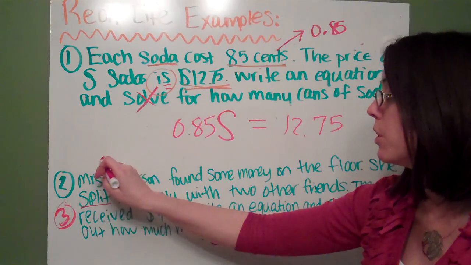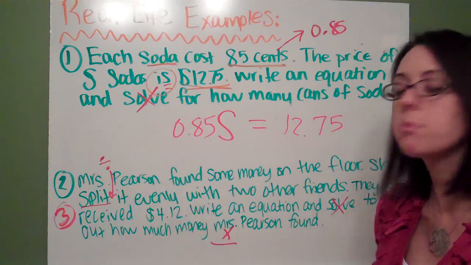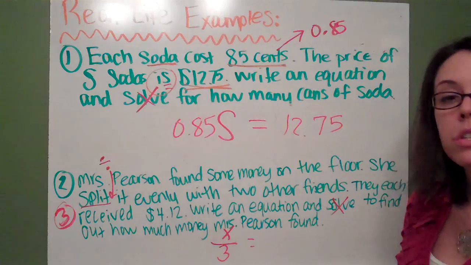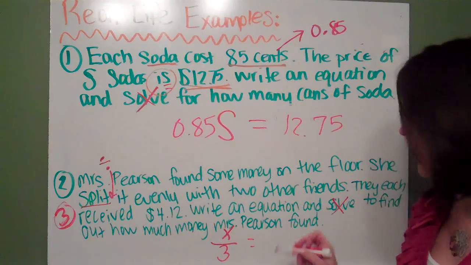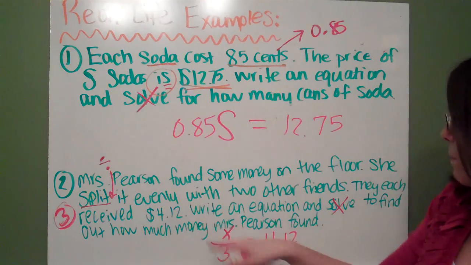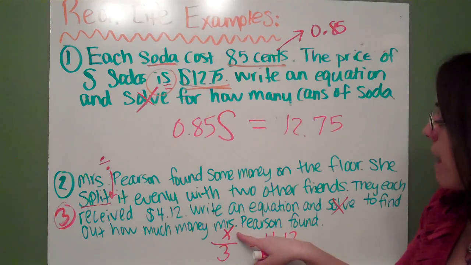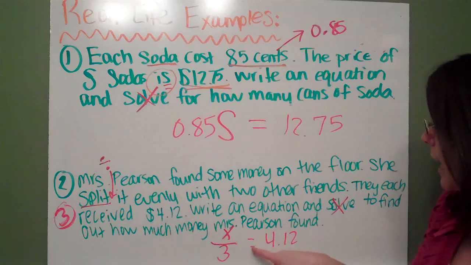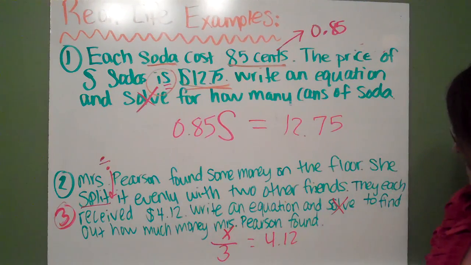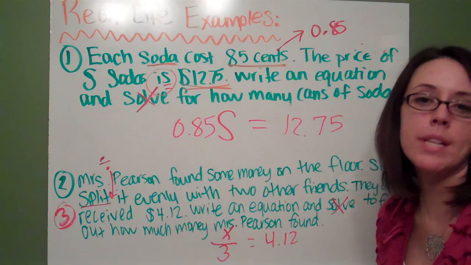Split tells us to divide. Remember, split tells us to divide. So X over 3 equals, well, how much did each person receive? $4.12. So, how much money we had is represented by X. We divided it by 3 and you get $4.12. The key word was split. That's how you write one-step equations.